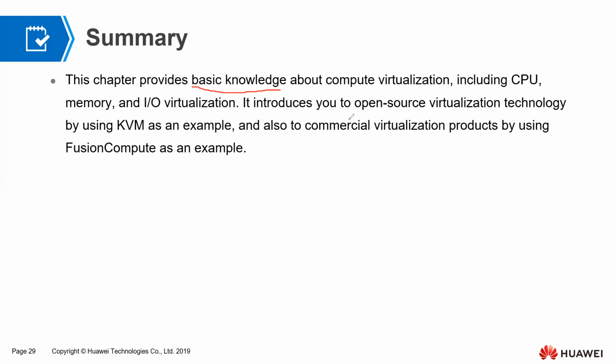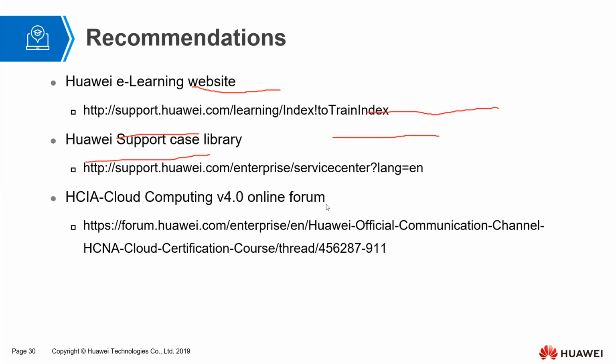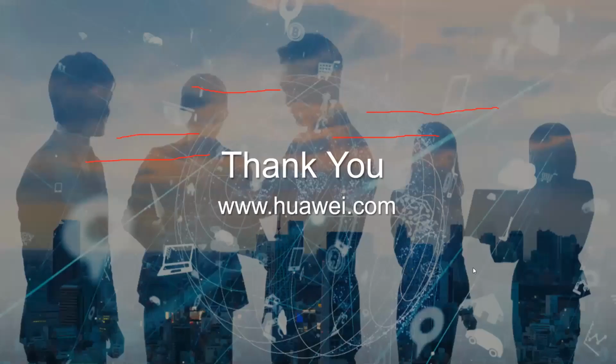It also introduced us to open source virtualization technology by using KVM as an example, and also to commercial products by using FusionSphere as an example. Okay, so those are the recommendations, and thank you for attending that chapter.